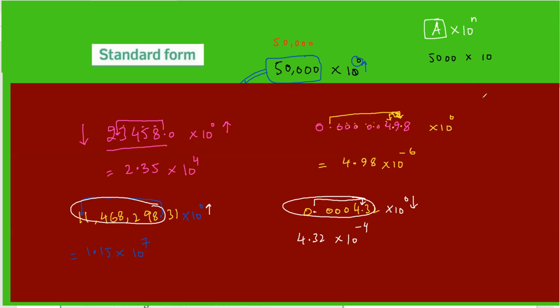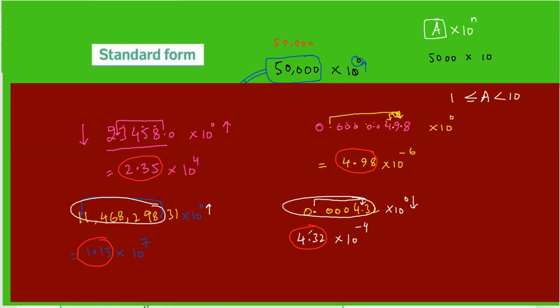Now this a has to be more than or equal to 1 and less than 10. Look at this 4.98. This is between 1 and 10. Look at this 2.35. This is between 1 and 10. This 1.15 is between 1 and 10. 4.32 is between 1 and 10.